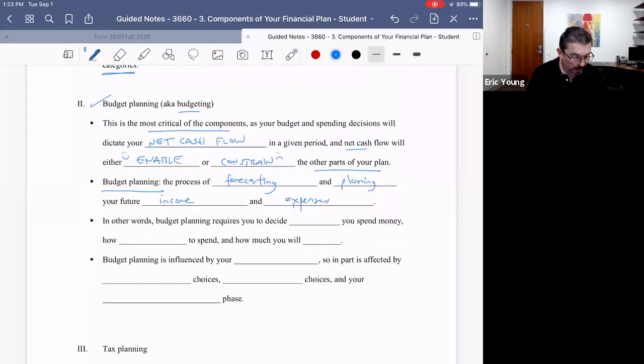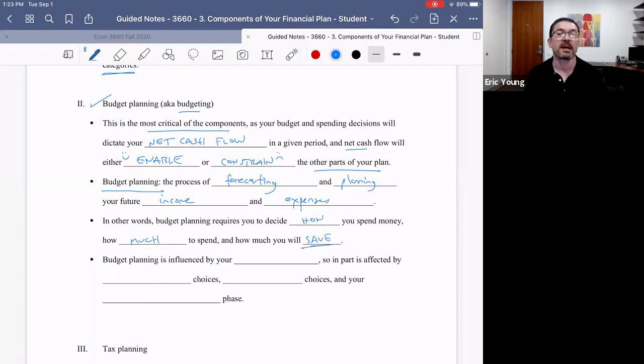In other words, budget planning requires that you decide and think ahead and plan how you spend money, how much you will spend, and critically, how much you will save, okay?